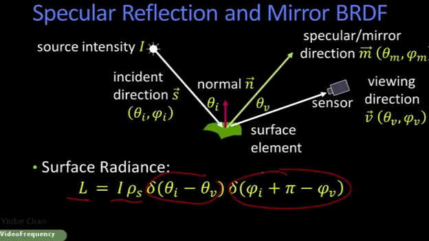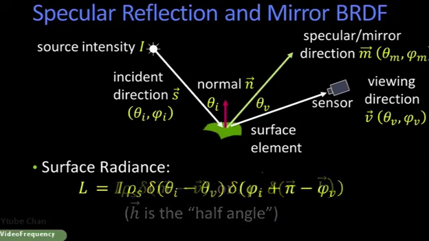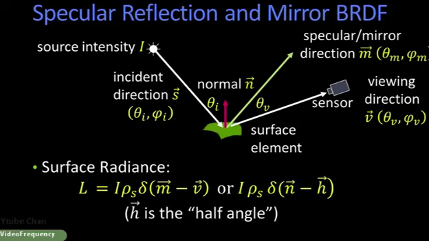Now remember, the delta function is a function that if the argument is 0, it's a 1, otherwise it's 0, and that's why it's written as a delta function. I want to abuse the notation just a little bit and write the radiance in this particular case, same as before, but using what I'm calling a vector delta function. What we said before is that I only see a reflection if the viewing angle is exactly the mirror angle.